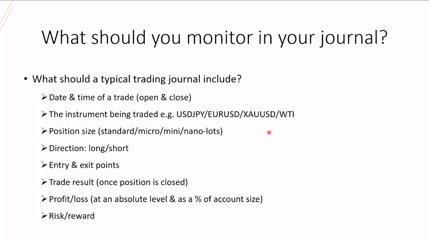And then the next column to include would be a trade result. You need to obviously update that once the position is closed. If it's an intraday or scalping trade strategy, then of course this is updated daily or even every few hours. And of course, if it's a swing trade, then this would be something that would be updated a couple of days later, for example.